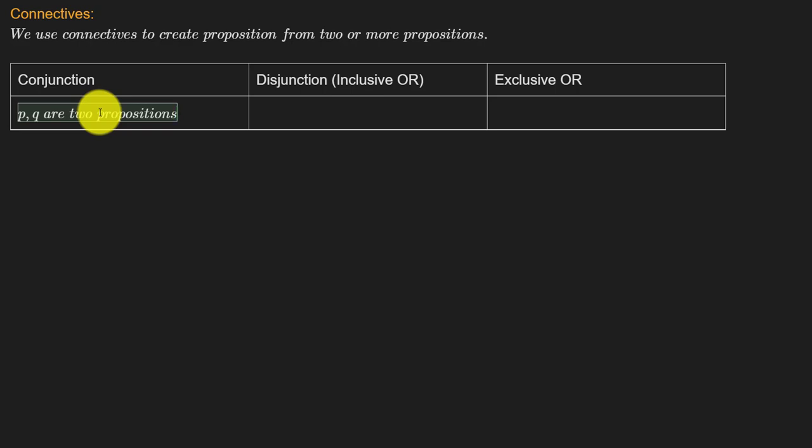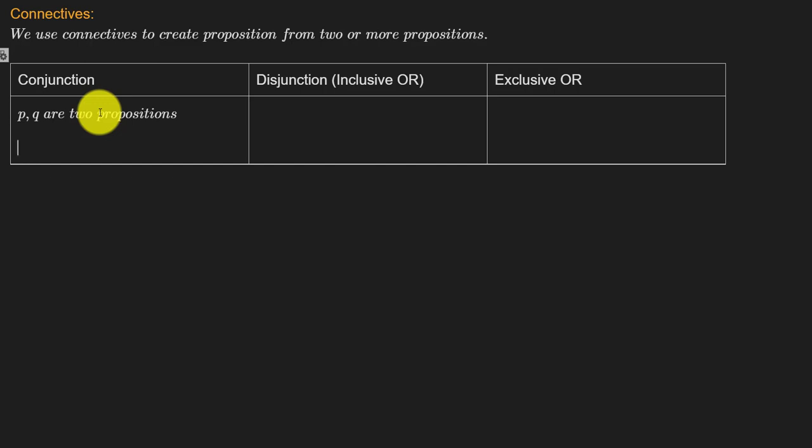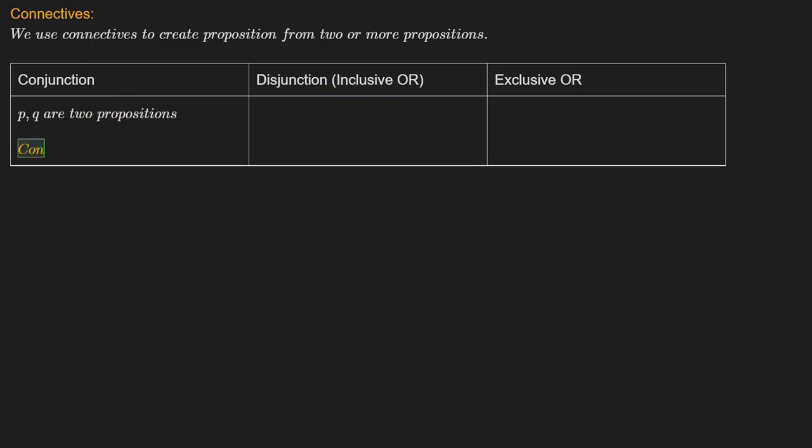So we say the conjunction of P and Q will be P and Q. If I write it down in a separate color, the conjunction of P and Q is generally written as P and Q. So we are basically using an AND operator here.